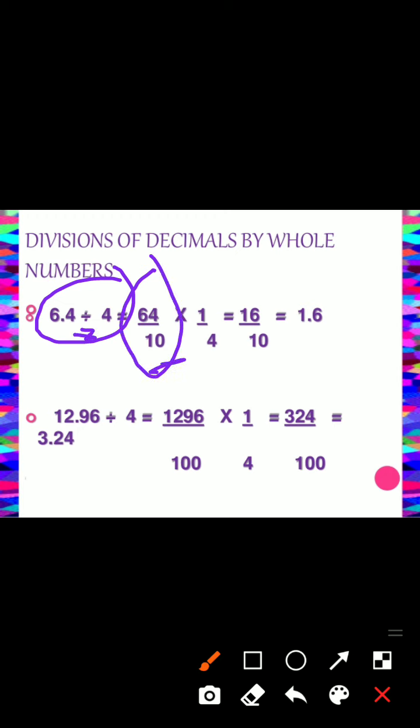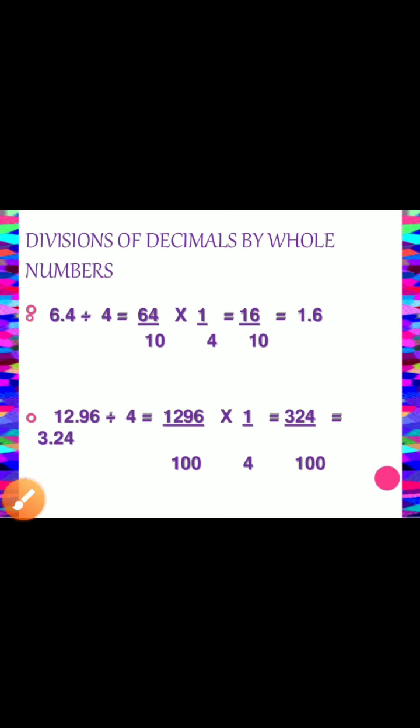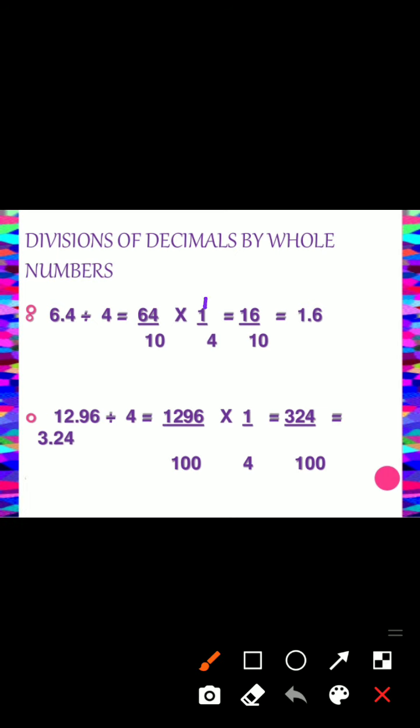So you will put a 1 zero in the denominator. So you can write 64 upon 10, and the division sign you will convert into multiplication, and the next number will change, the numerator changes into the denominator and the denominator into the numerator. So you will write 1 upon 4. Now numerator multiplies with numerator, 1 with 64, and 4 with 10.